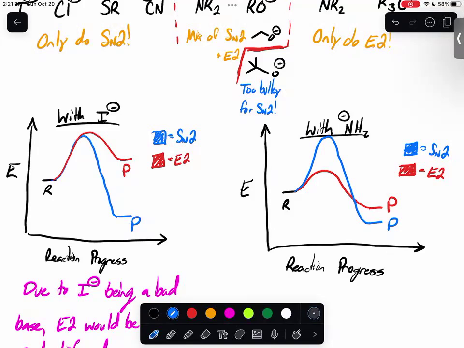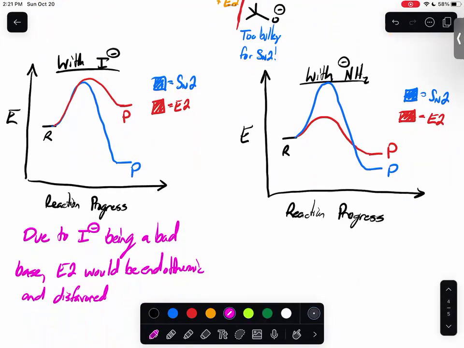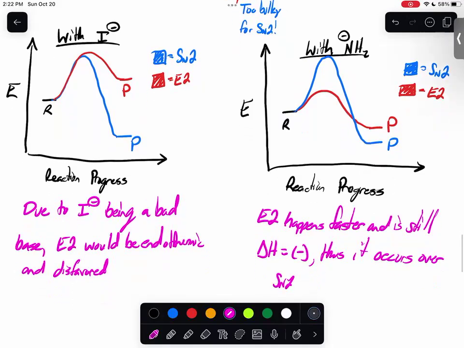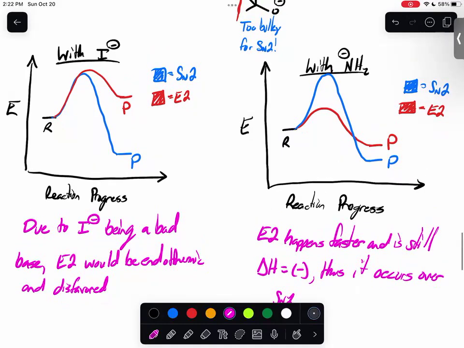So in this case, E2 happens faster and is still favorable by delta H, thus it occurs over SN2.